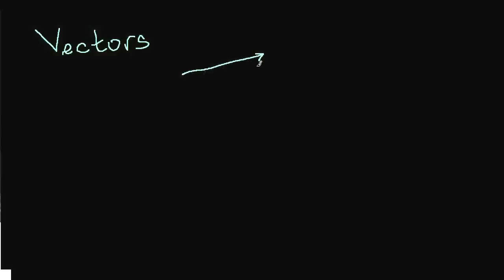The length of the arrow could represent the size of the vector, and the arrow points from the start to the end of the travel, starting here and pointing that direction is the direction that we would go, the direction of the force, the direction of the velocity, or whatever have you.